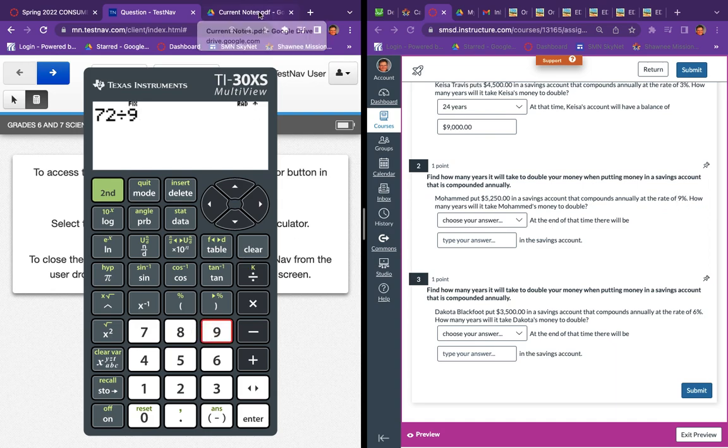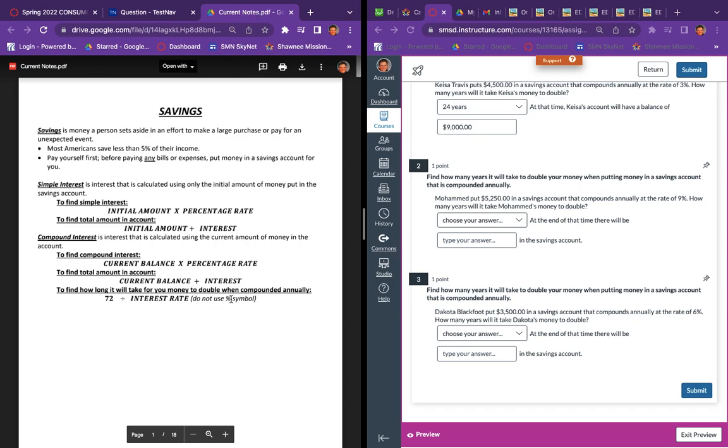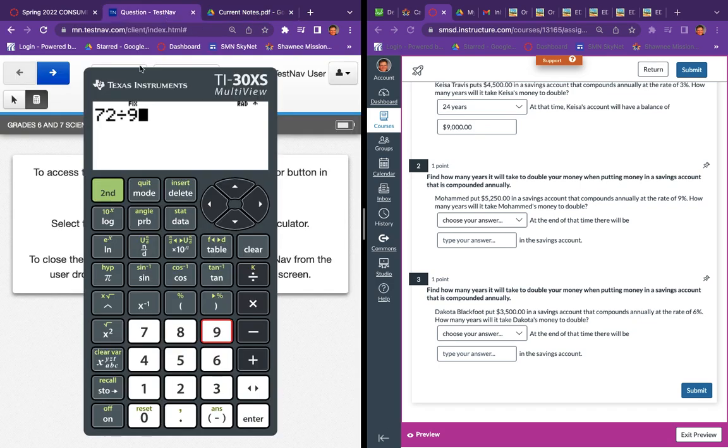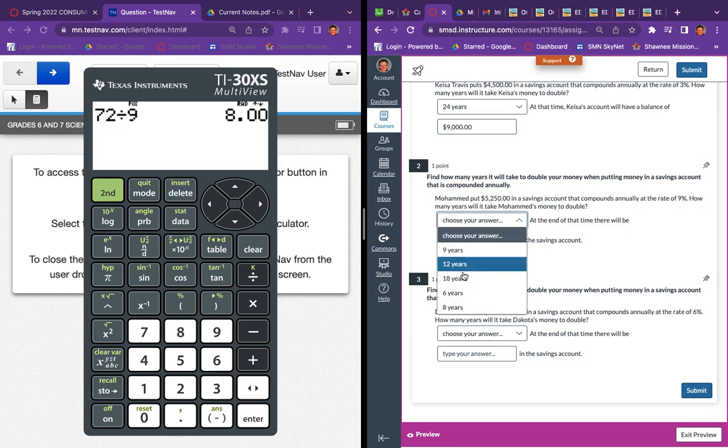If you want, you can double check. The directions say do not use the percent symbol. So we're going to take 72 divided by 9, and we are going to get 8. So Mohammed's money will double in 8 years. So if Mohammed puts $5,250 in a savings account, and then 8 years later he returns, he will have doubled his money.